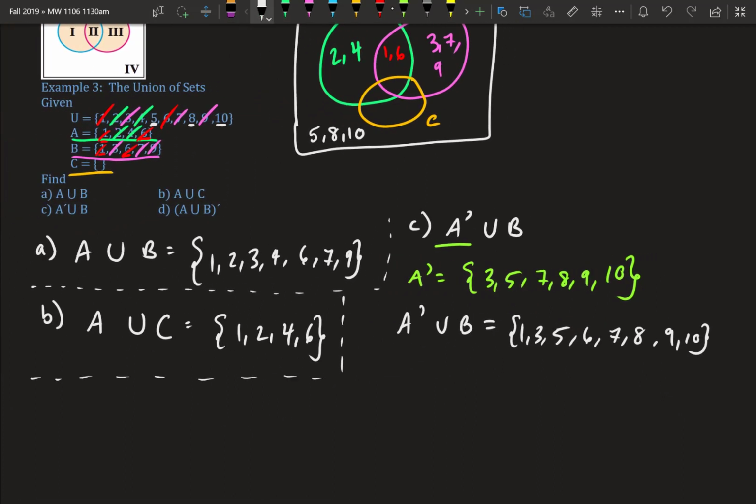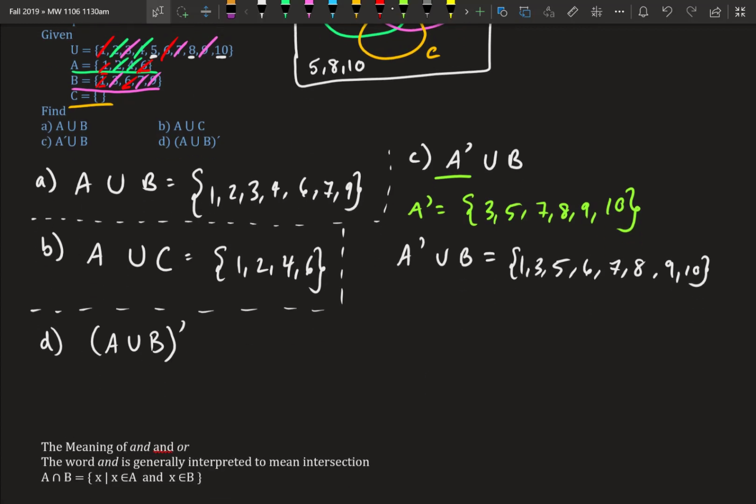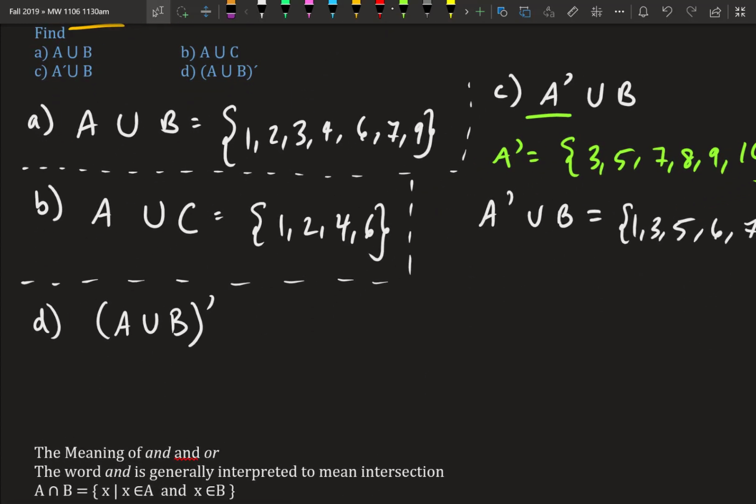Alrighty, part D. So we're asking for the complement of the union of A and B. So that means everything that's not in the union of A and B. So first things first, we know the union of A and B. We found it.